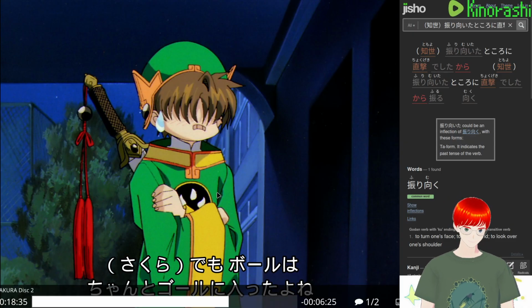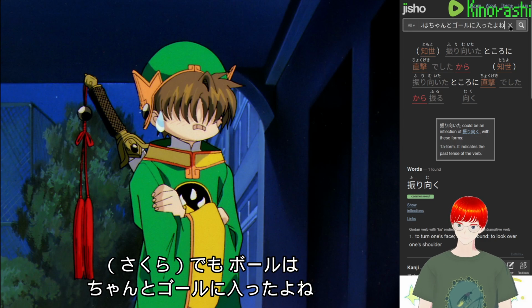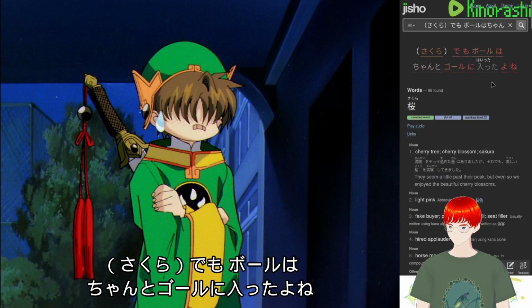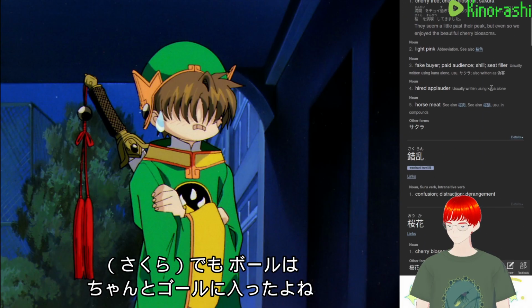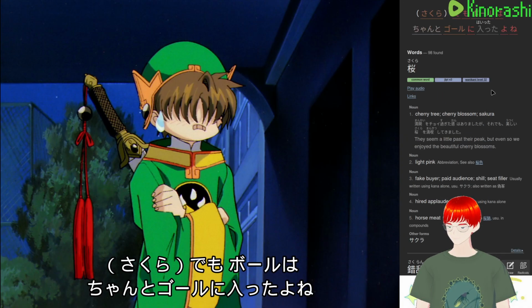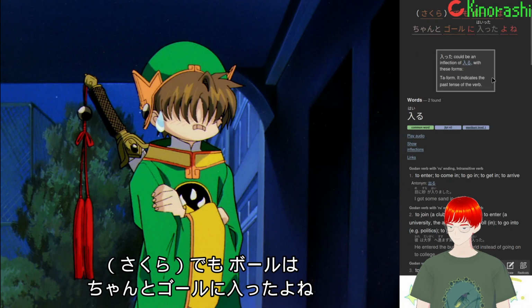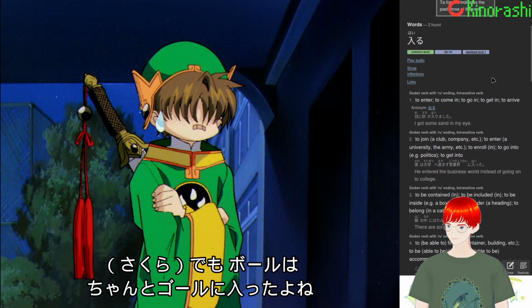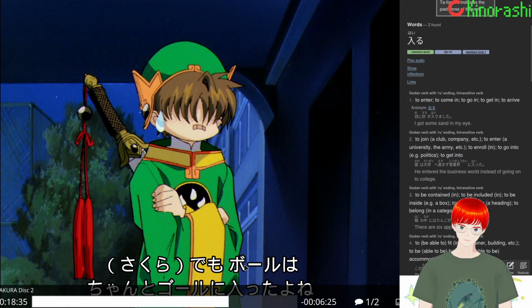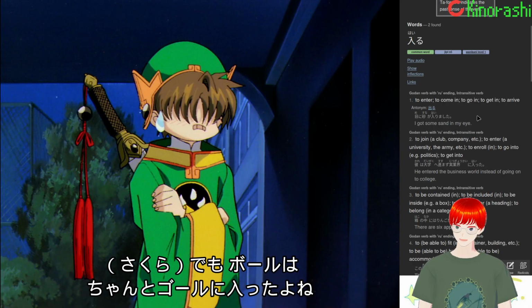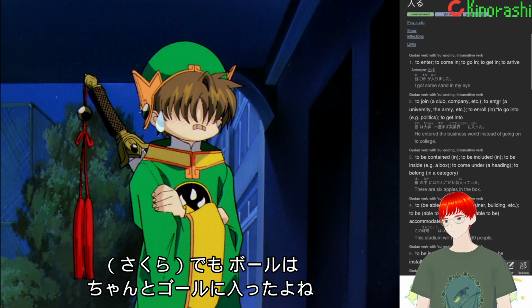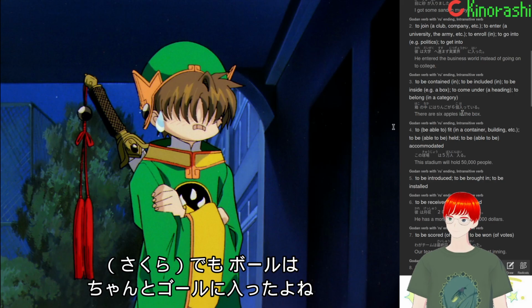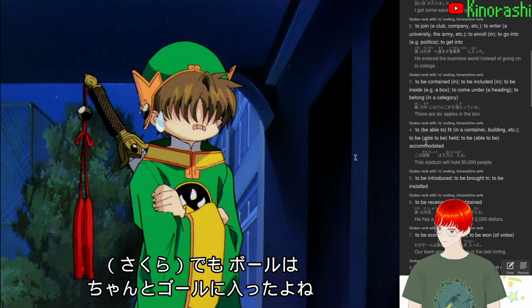Haita. Yeah, hairu is, wait, it's in. Oh yeah, that's right. It has to be intransitive because the ball was being marked by wa or boru. To join, to be contained, to be able to fit.